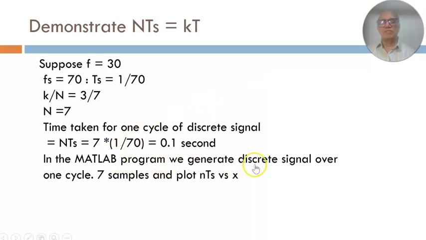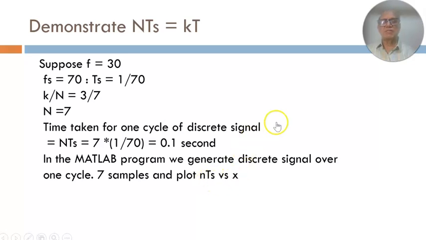So in the MATLAB program, we generate discrete signal over one cycle, 7 samples, and plot n ts versus x. Normally, for a discrete signal, the independent variable is only n, but since we want to show this particular equation, that's why we are plotting n into ts. So the x-axis will be calibrated in terms of time. It will still have discrete values, but calibrated in terms of time.